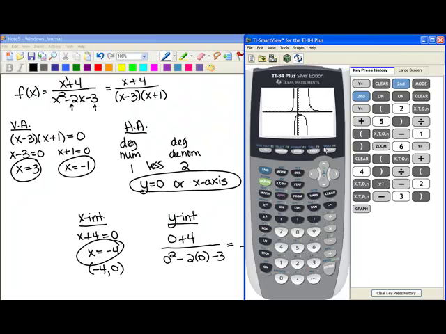And this is a look at the graph. You see how the function is increasing on the left. In the middle it increases and then it decreases. And on the right side it decreases off to infinity.